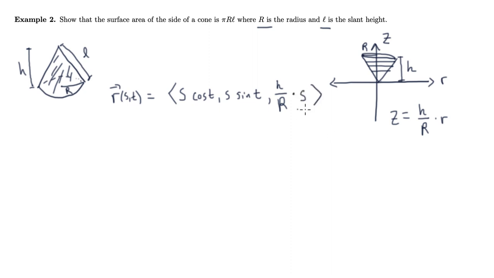And just to make this clear, think about when s is 0, the z-coordinate is 0. And when s is equal to R, the R's are going to cancel, and I'm just left with h.